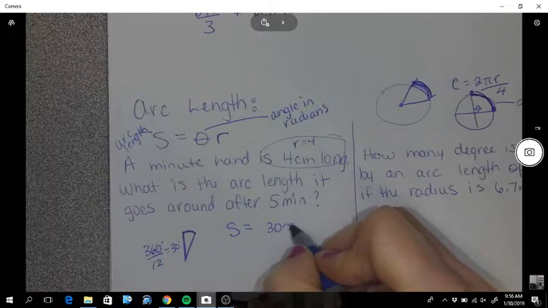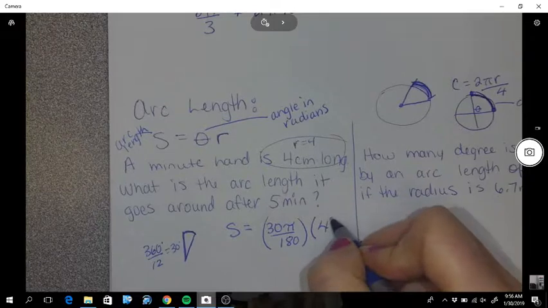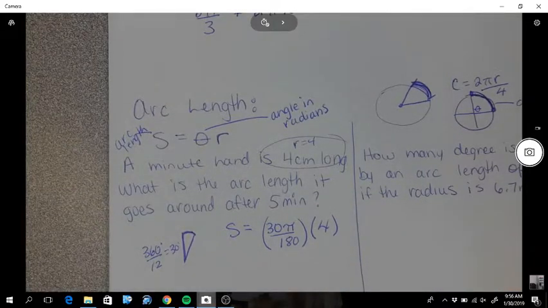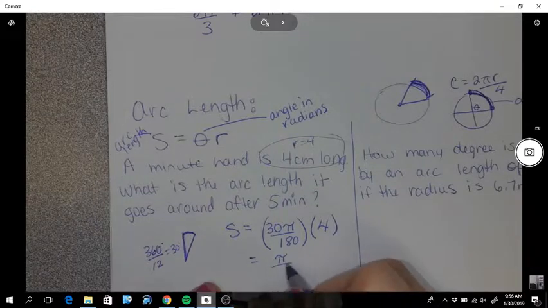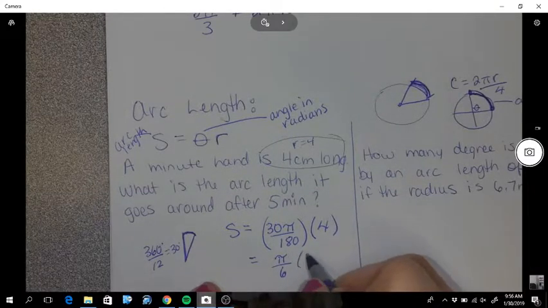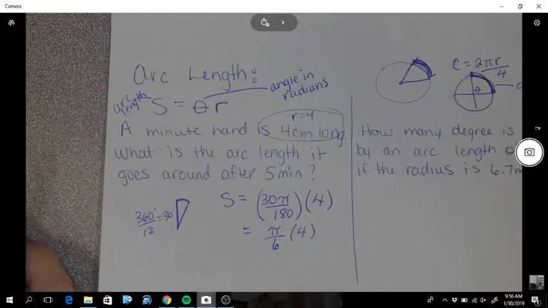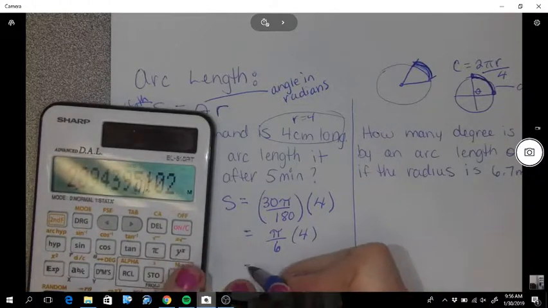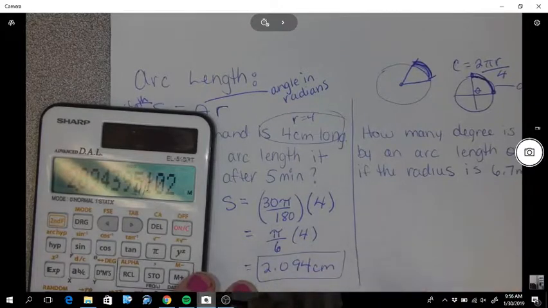So 30 times pi over 180, that's our conversion, times the radius of 4. This ended up being pi over 6. So when you convert the 30 degrees to radians, pi times 4 divided by 6, your answer is 2.094 centimeters. That's your arc length.